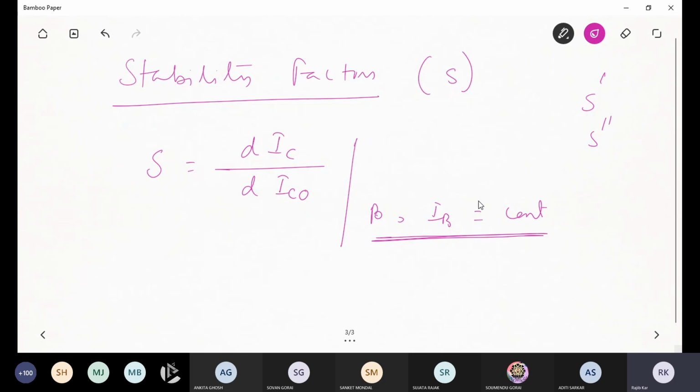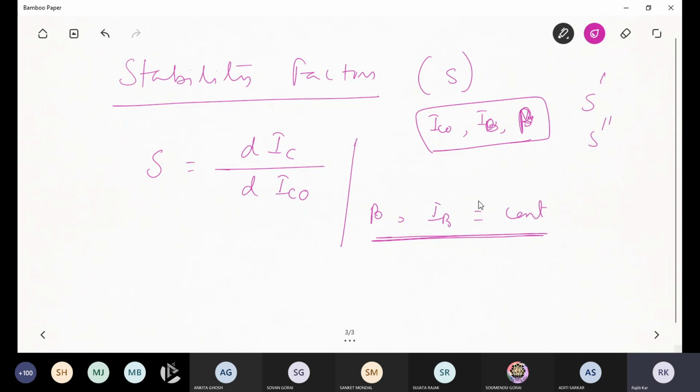If you change the value of beta, because there are three parameters, one is beta, one is IB, one is ICO, what we will do is find out the contribution of ICO, which is nothing but S. We will find out the contribution of IB, then the contribution of beta, and together these three will change the Q point.